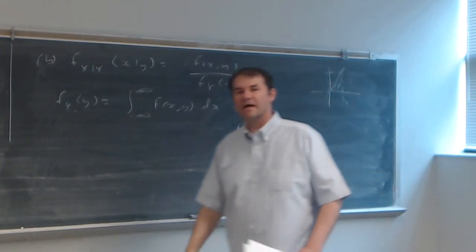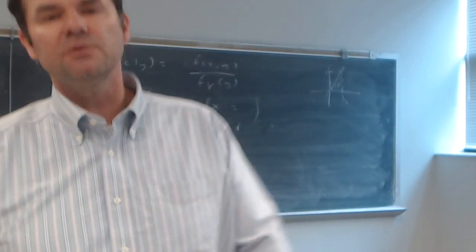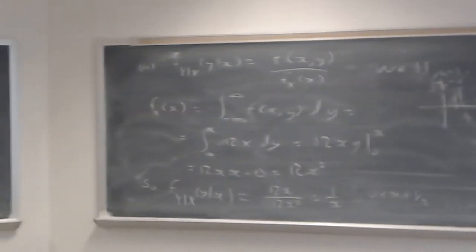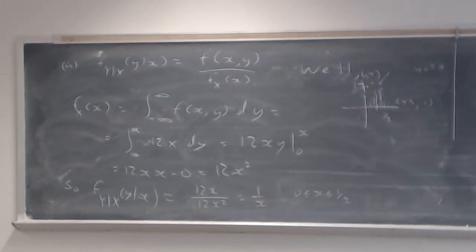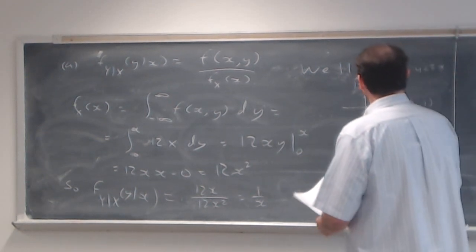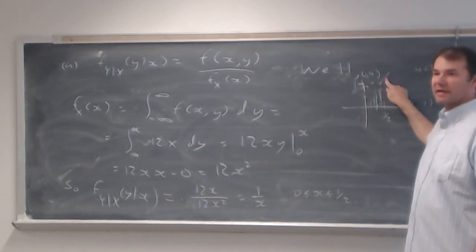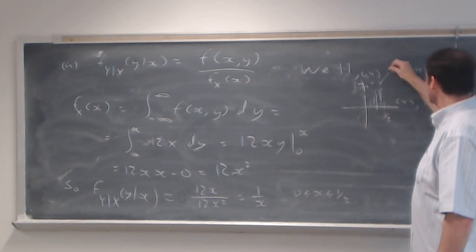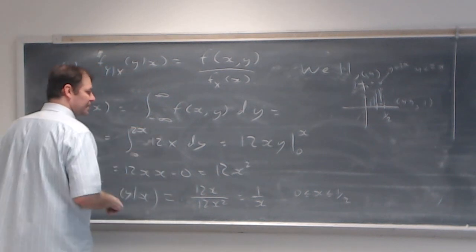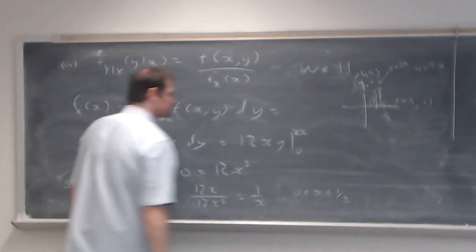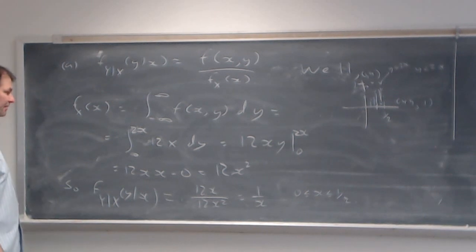I made a mistake. I knew I was making a mistake. I'm sorry. Let's go back here. I knew I was doing something wrong. Please forgive me. I was thinking this line was y equal to x. It's not. This line is y equal to 2x. So here, this should have been a 2x. Make that change. It didn't match my notes, but I couldn't figure out what I was doing wrong.